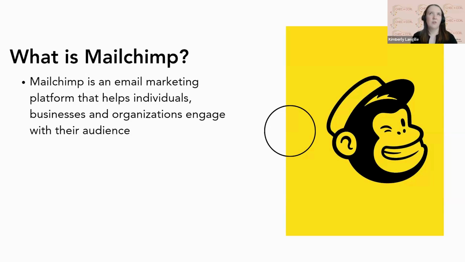For example, you can set up anything from sending a new subscriber a welcome email, to SMS marketing, and there's just a lot of different ways that you can connect with your audience. It's not only just email marketing, but all of these different features.